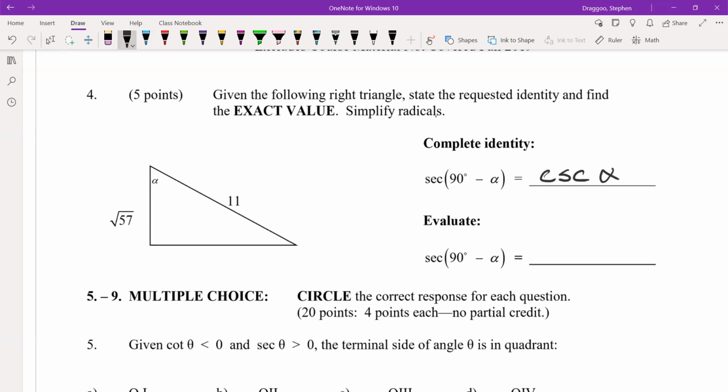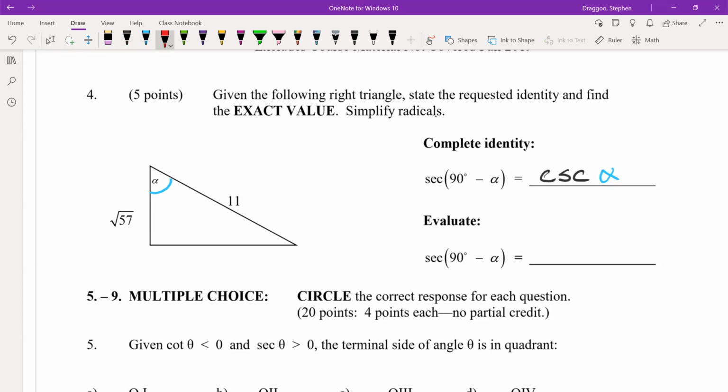That's just one of our cofunction identities. The cofunction of secant is cosecant. And it is saying that the secant of 90 minus alpha is equal to cosecant of alpha.